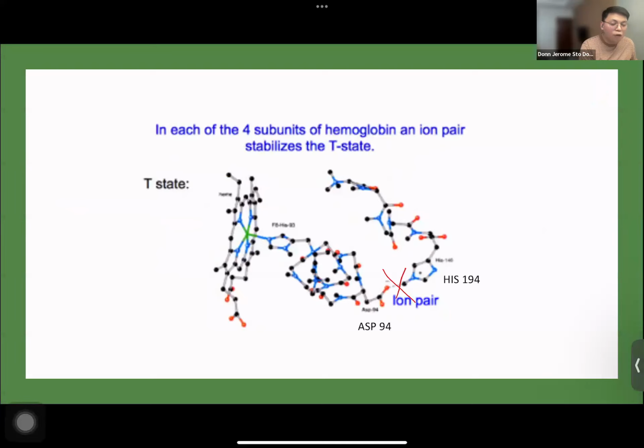Is the disruption of your ionic pair. Pag nagdagdag ka ng oxygen, it will disrupt the ionic pair, making it easier for the second oxygen to bind. When the second oxygen binds, again, it will disrupt the ionic pair, making it easier for the third oxygen to bind, and again, disrupt some of those ionic pair, making the last oxygen have the easiest time of binding to the last subunit. Again, we call that the cooperative binding of your hemoglobin or the positive cooperativity effect.